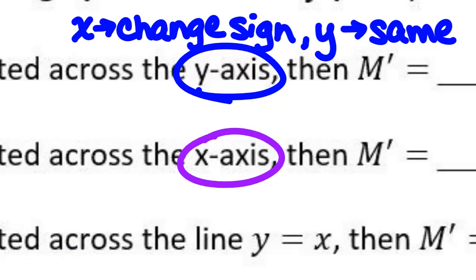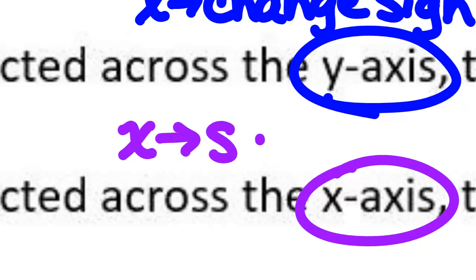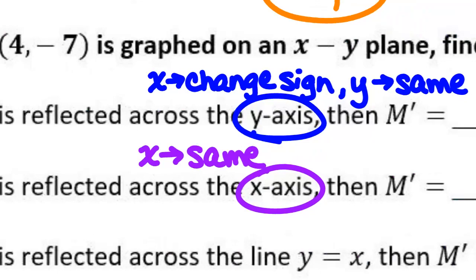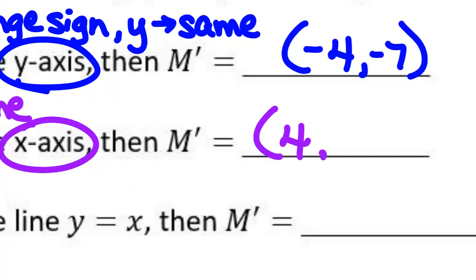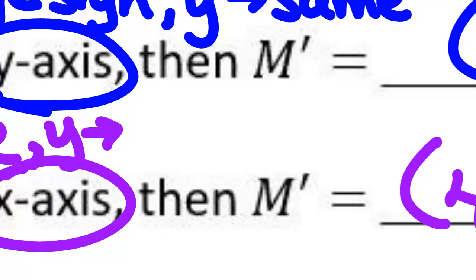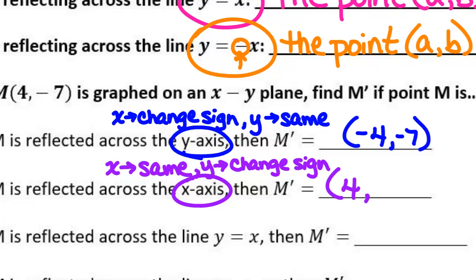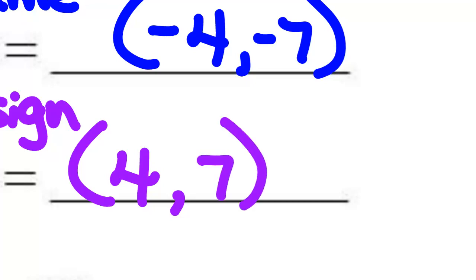What about when I reflect over the x-axis? What changes, what stays the same? x stays the same, so that's going to be 4. What about my y's? That's going to change sign. So it won't be -7 anymore. It'll change to a +7.